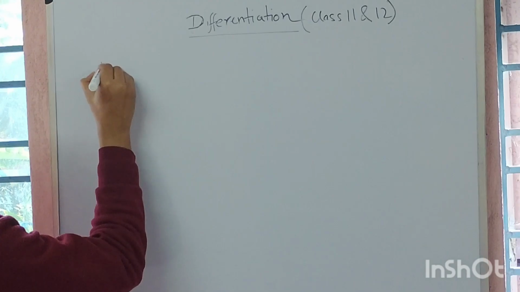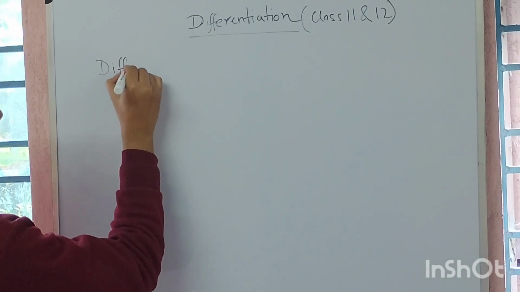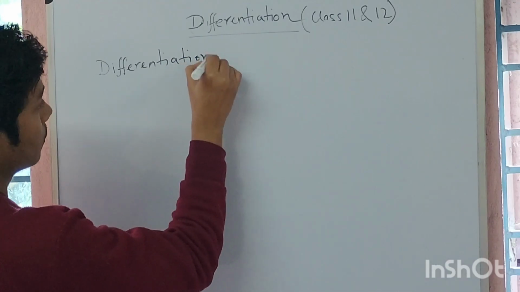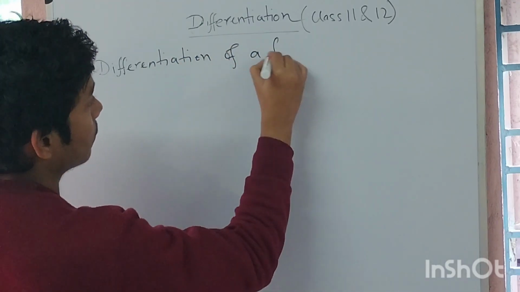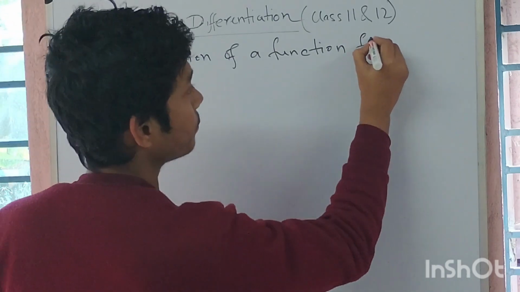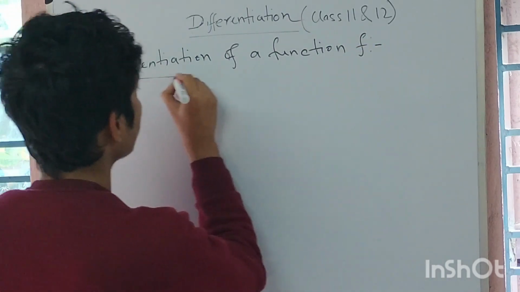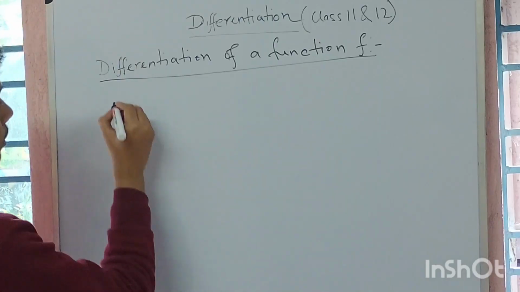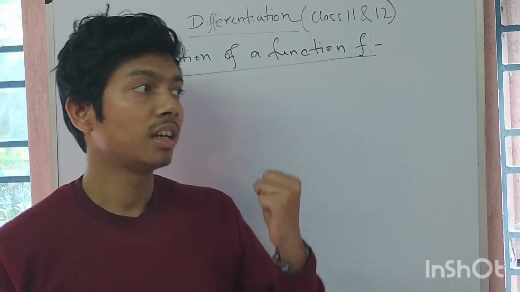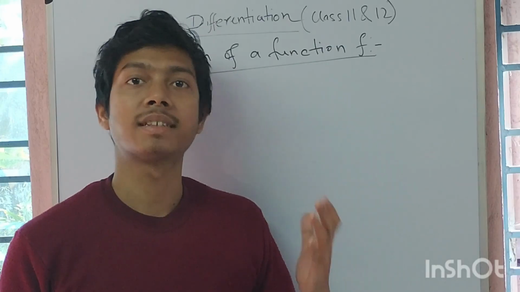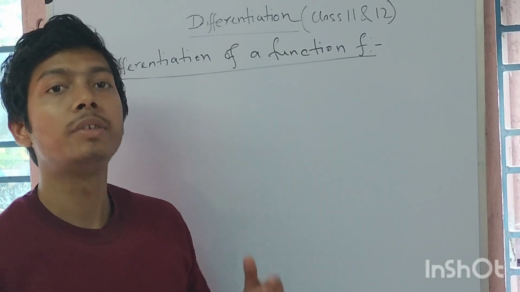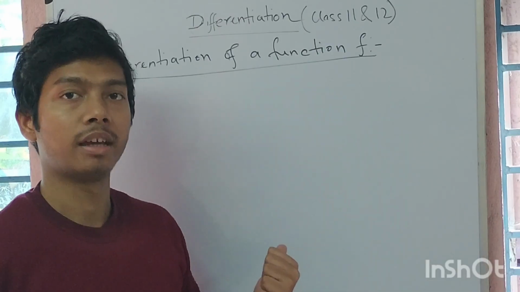If I say differentiation of a function f, first of all, we should check whether a function is differentiable or not at some point. Like I am checking a function to be differentiable or not at a point a.